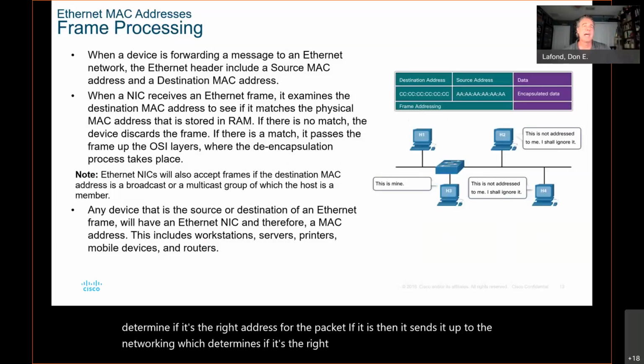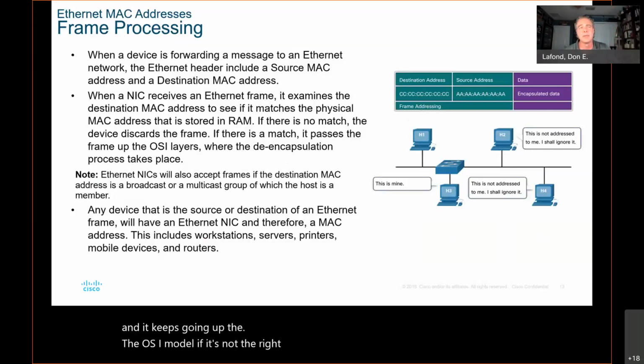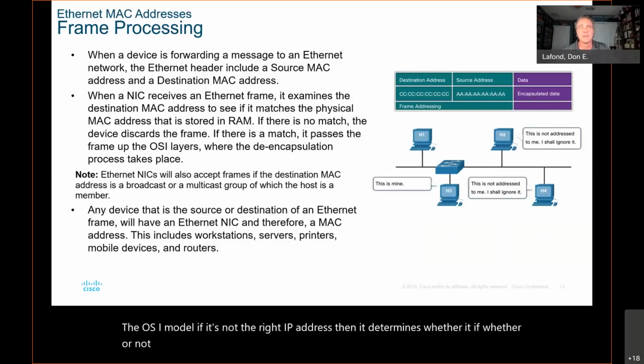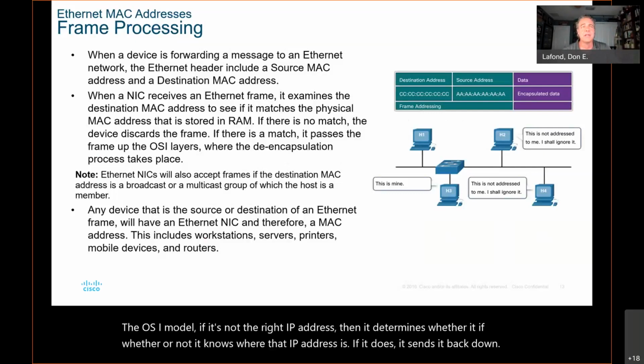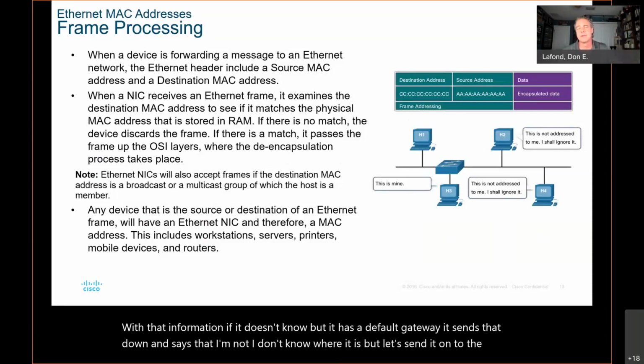If it is, then it keeps going up the OSI model. If it's not, then it determines whether or not it knows where that IP address is. If it does, it sends it back down with that information. If it doesn't know, but it has a default gateway, it says I don't know where it is, but let's send it on to the default gateway. And then it sends it down to the data link layer.